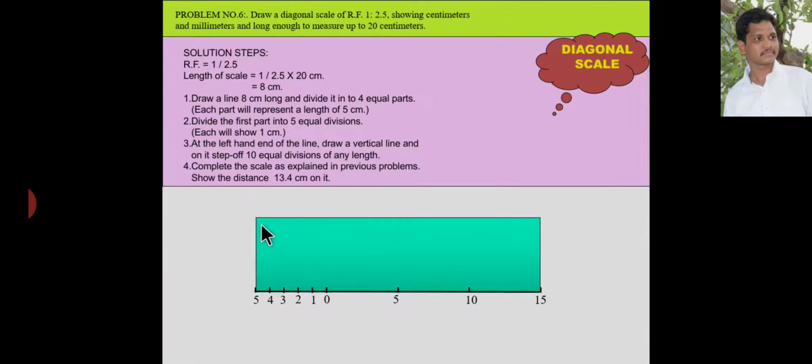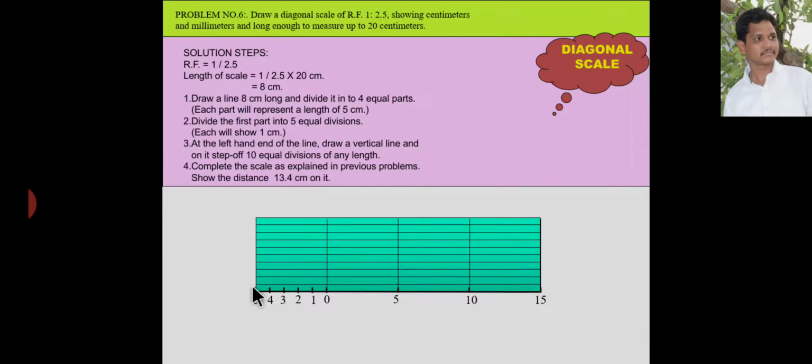Now here totally we have to consider 1, 2, 3. This is a subdivision of a subunit. This is 1 centimeter, this is 1/10 centimeter, that means mm, 1 mm, 2 mm, 3 mm, 4 mm, 10 mm.